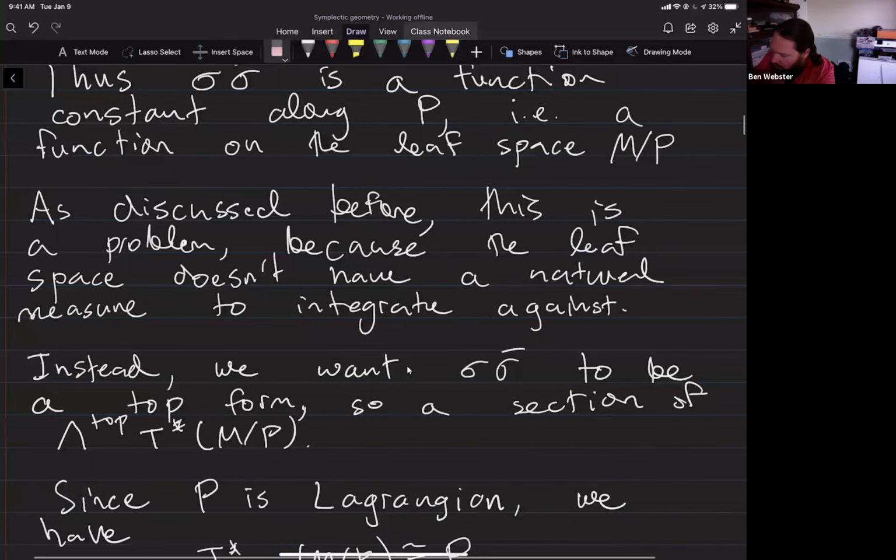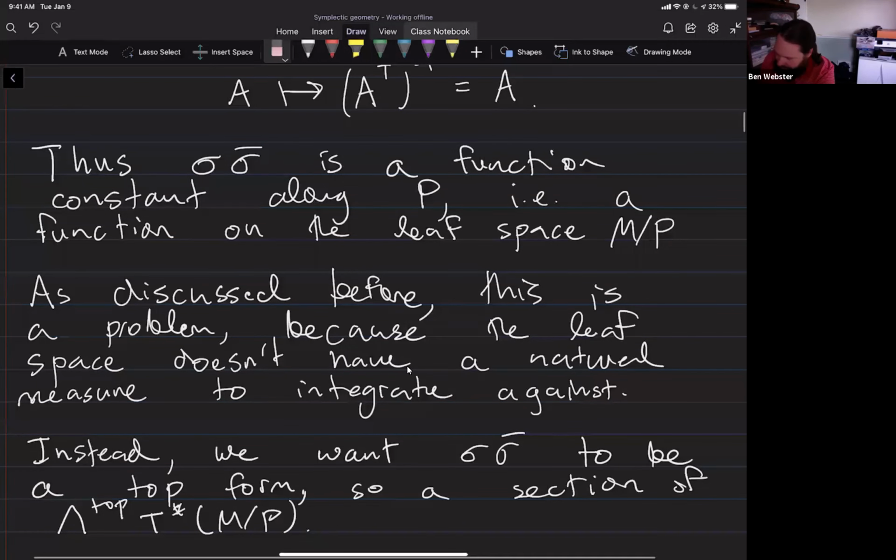So what I want instead is that sigma times sigma bar is a top form, or actually I'm going to ask for something very subtly different called a density on that leaf manifold, because that's something I can integrate without any reference to a measure.